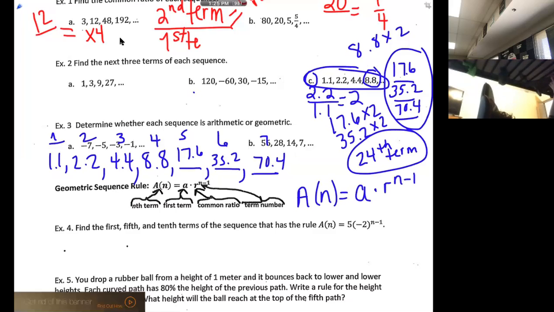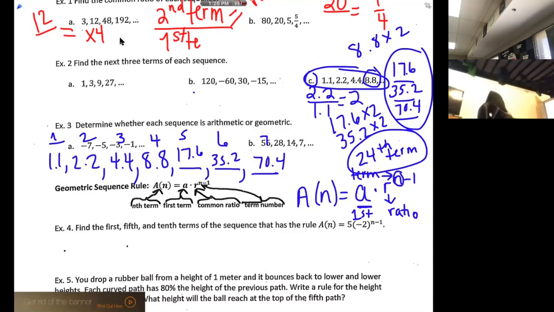So this is the first term of any sequence. This right here is your common ratio. So the A is your first term. The R is the number you're multiplying by. And the N right up here is the term number that you want.